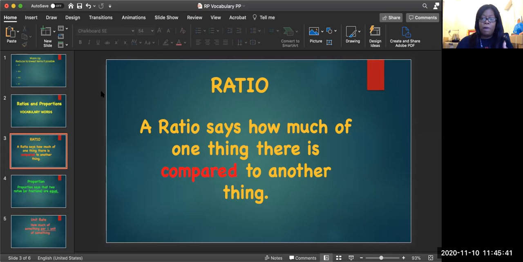But ultimately, it's just a way of comparing. So you would hear like 4 to 5 at the rate of, so ratio comes from the word rate. At the rate of 4 to 5, or at the rate of 6 to 7, basically we're just comparing two different things. All right. So that is ratio.